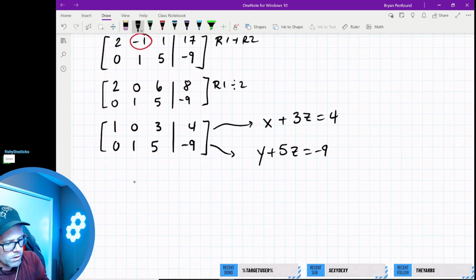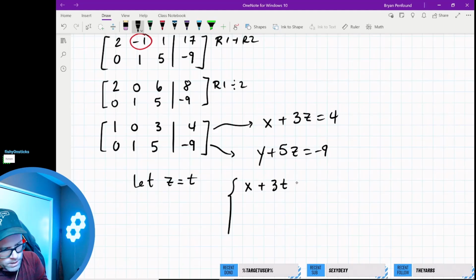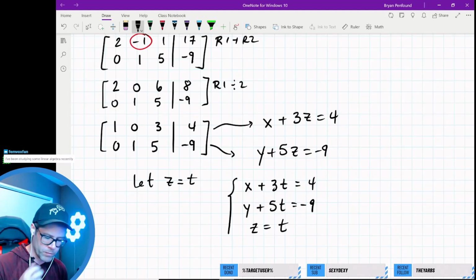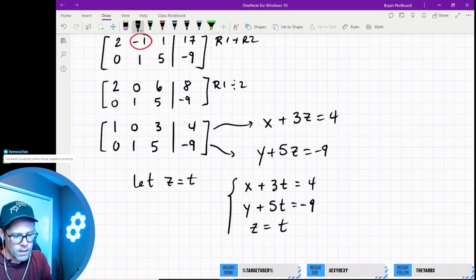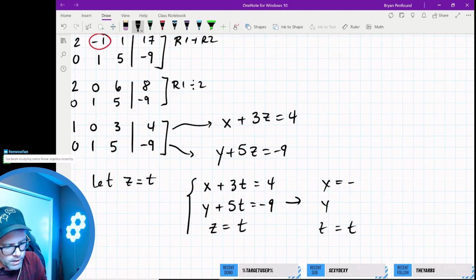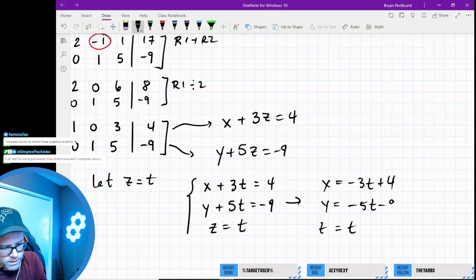What we want to do is let z be some kind of parameter, and then we're going to get a set of solutions that looks like x plus 3t is equal to 4, y plus 5t is equal to -9, and z is equal to t. We're introducing that extra equation so that we can get a full set of solutions for x, y, and z. x should be -3t plus 4, y should be -5t minus 9, and z should be t.